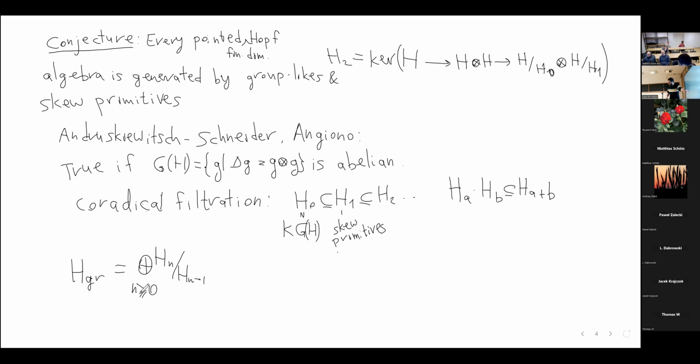This filtration ends, which follows from the statement that the Jacobson radical of a finite dimensional algebra is always nilpotent. So I have this filtration, and I get this new Hopf algebra H^gr, and what is possible to show is that it is already a kind of semi-direct product, kG(H) semi-direct product with some algebra A. The thing is that I need to understand what this A is.